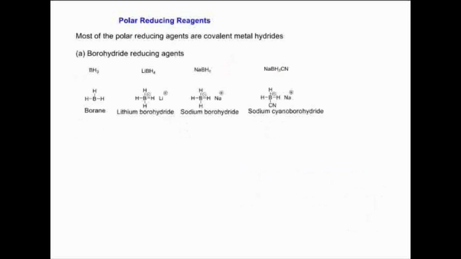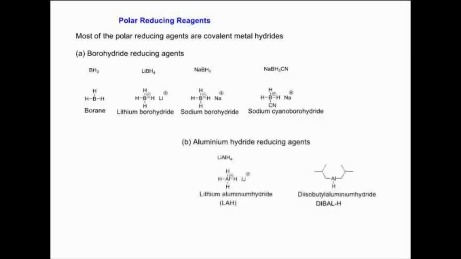Next, similarly, we can classify the reducing agents also in the same manner. That is, polar reducing agents and non-polar reducing agents. Normally boron or aluminum based reagents are classified as polar reducing agents.